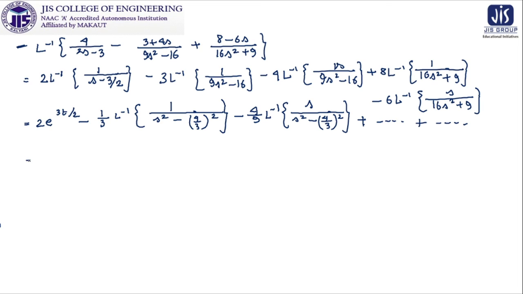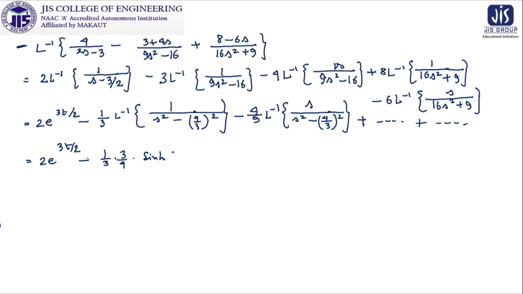So proceeding further, we are going to get the result as 2 into e to the power 3t by 2 minus 1 by 3 into 3 by 4 into sine hyperbolic, because it is a by s square minus a square. So if I have adjusted 4 by 3 in the numerator, 3 by 4 will be adjusted outside as the coefficient.